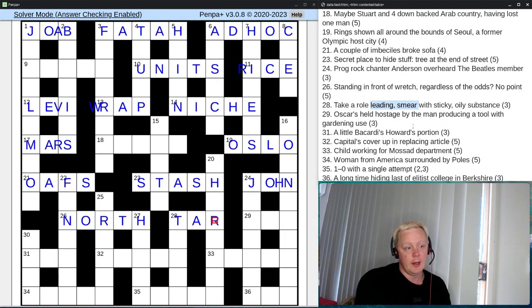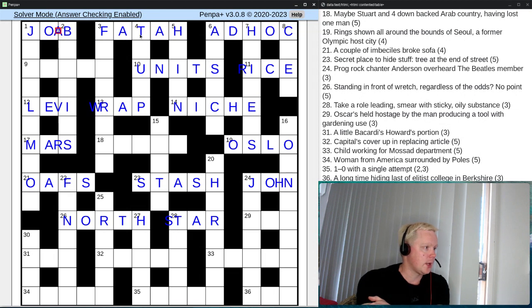We take the leading letter of the word smear, which would be this S here, and then sticky oily substance again is tar. So S with tar spells out star, and if you star in something, you take a role in it. You play a part, you act in something. So star is another solution to this clue.